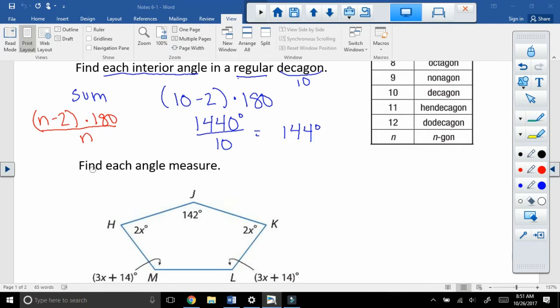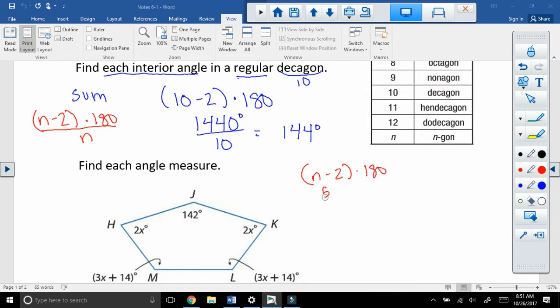Okay, down here for this one it says to find each angle measure. So hopefully you can tell that these are not all congruent angles. So it's not like I can just find one of them and they're all going to be the same. But I do know how many degrees all 5 of these are going to have to add up to. So we've done this a couple times before, but just in case you didn't know, you could always take the number of sides minus 2 times 180.